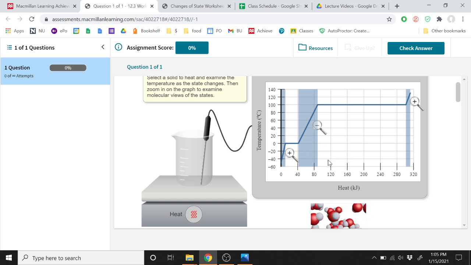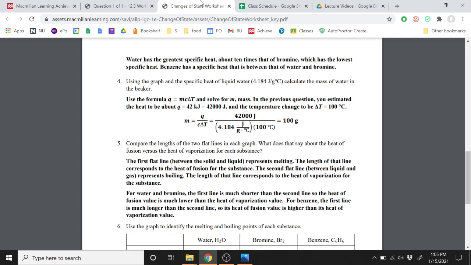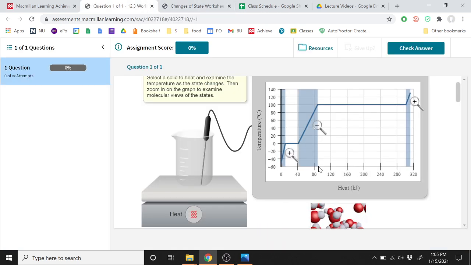If you look down here, you see that there are numbers for heat. We actually need to figure out what those numbers would be. If I remember correctly, these numbers would be something like 40 to, well, that's 120, that would be 100 there, and so this would be a little bit less than 90. If I'm very careful, it would be something along the lines of 42 kilojoules.